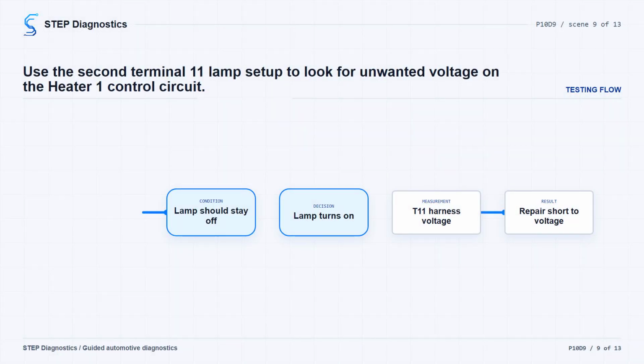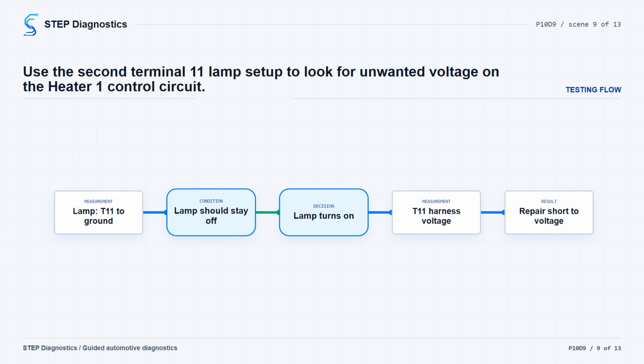If that first terminal 11 test lamp check does not turn the lamp on, connect the test lamp between reductant heater 1 control circuit terminal 11 and ground. Turn the ignition on in service mode again. The lamp should not turn on here either. If it does turn on, turn the ignition and vehicle off.